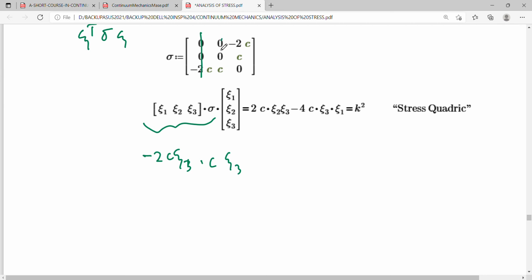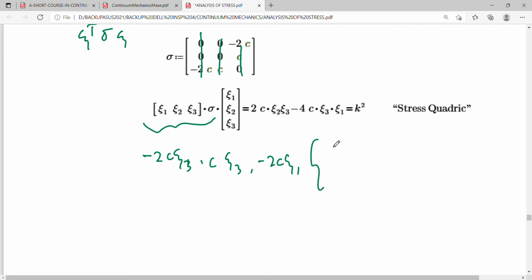And then the last, comma, it's a minus 2c cassis of 1.